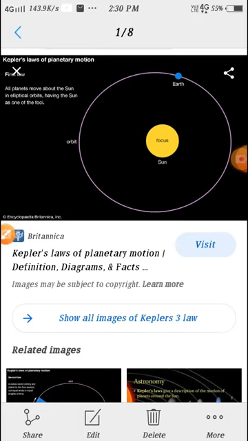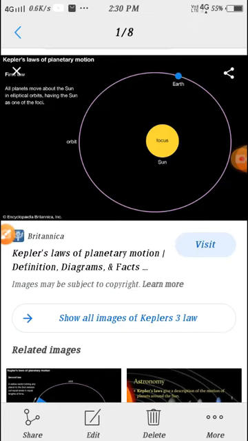So the first law is: all planets move about the sun in elliptical orbits, having the sun as one of the foci. This is Kepler's first law, the orbital law. This law is also known as the law of elliptical orbit.